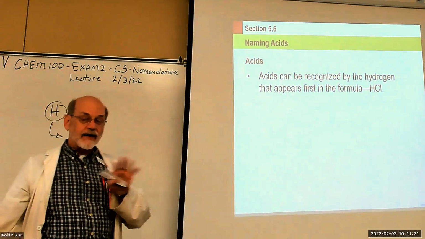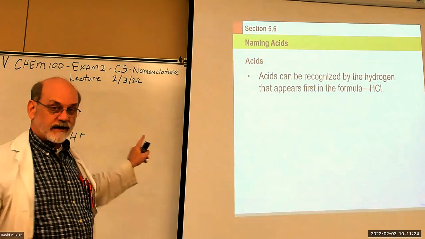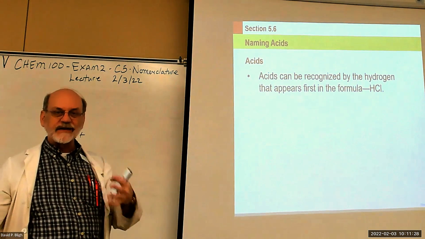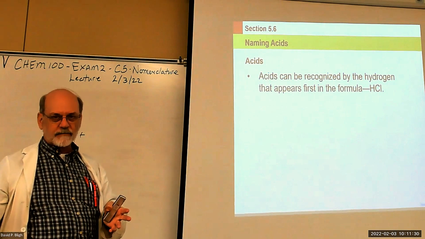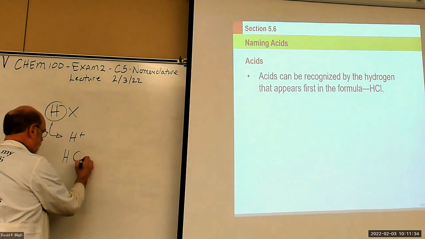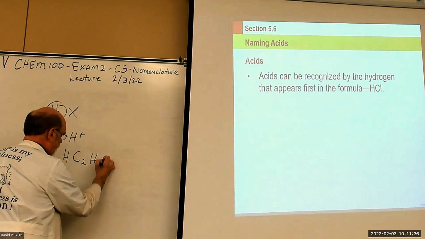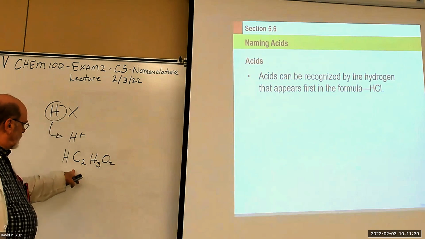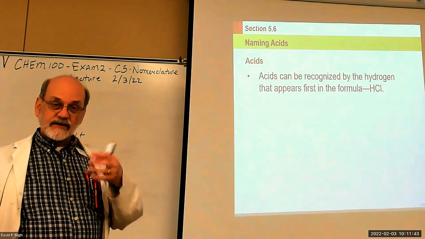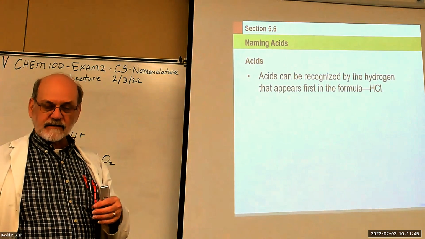Now, if there are any other hydrogens in that molecule, they're not considered what we call acidic hydrogens. They don't dissociate. A perfect example: C2H3O2. That is called acetic acid.